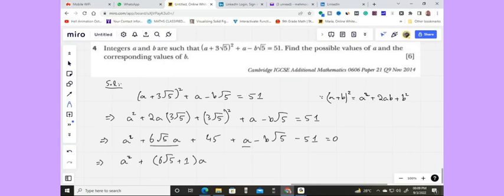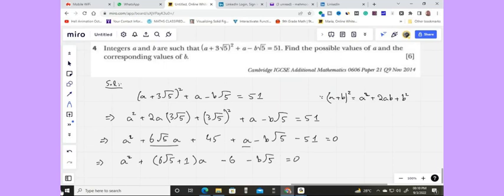There you go. 45 minus 51, what does it give you? Yes, negative 6. Minus 6 minus b root 5 equals to 0.